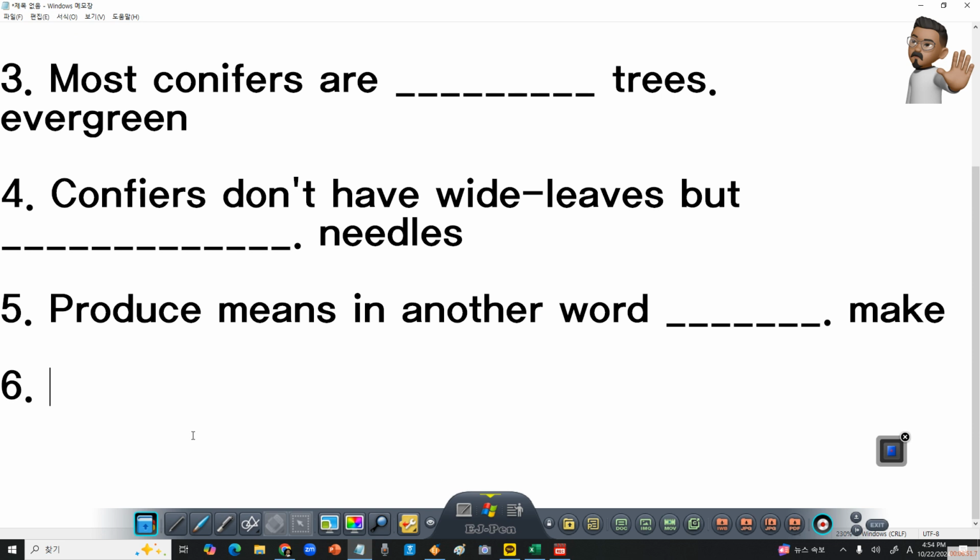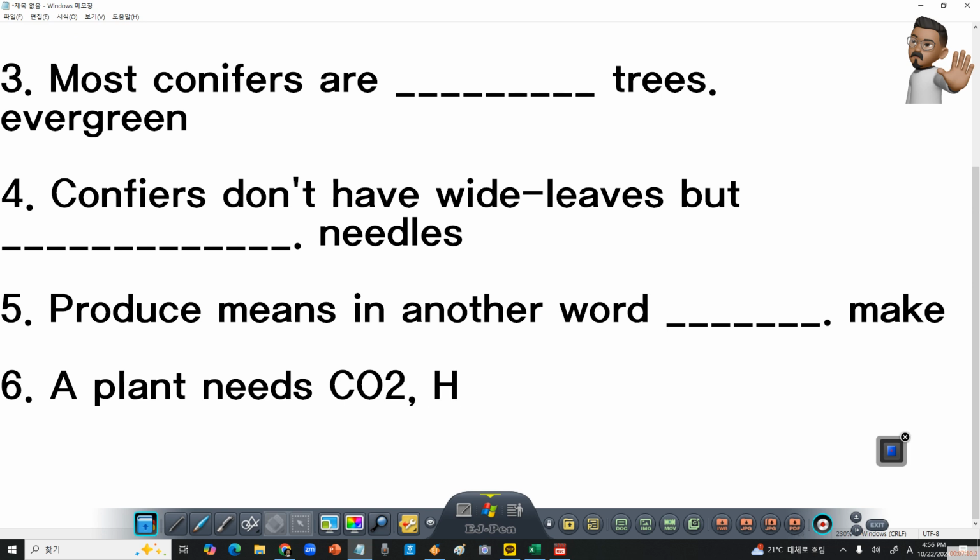It's food. So a plant needs 3 things. I'll give you 5 more seconds to guess. It's like CO2, H2O, and some 나 근데 이렇게 적어도 되죠? H2O and sunlight. 저는 틀린 건가요?